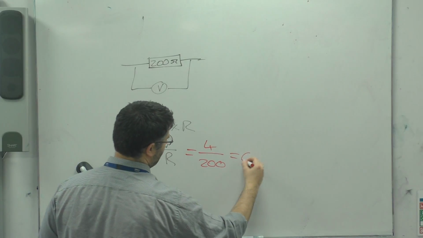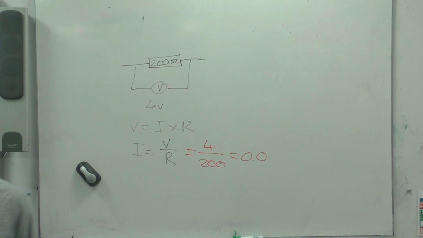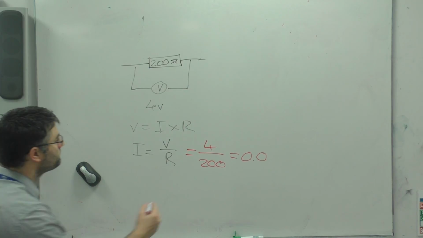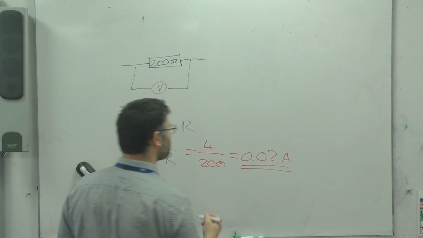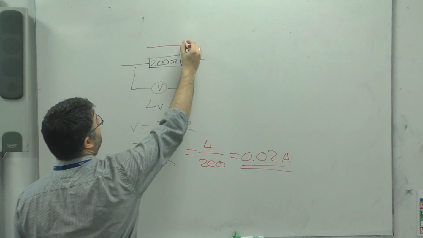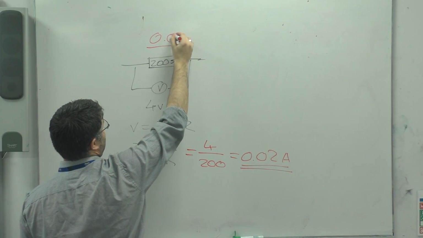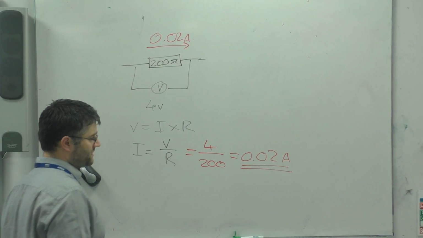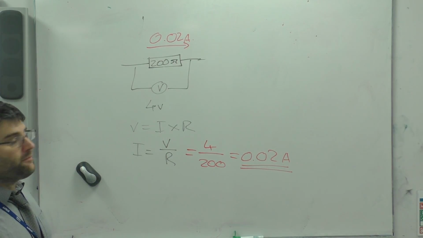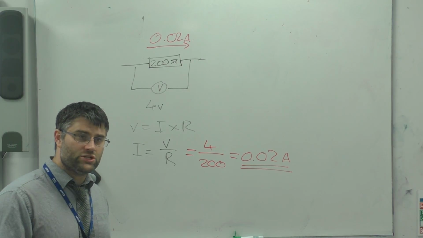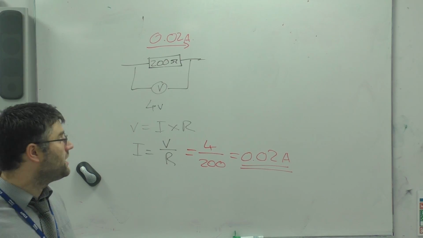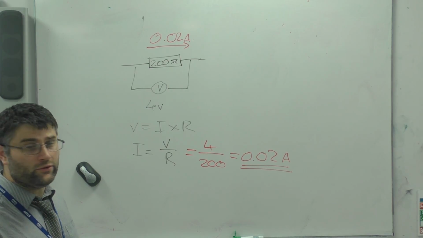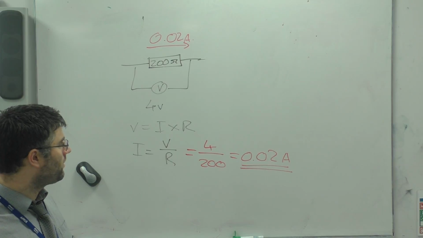That gives us 0.2, sorry, 0.02. And that effectively tells us the current that is running through that resistor. Based on the voltage or PD we've measured across it, and based on its intrinsic resistance, we are going to get a current of 0.02 amps running through that.